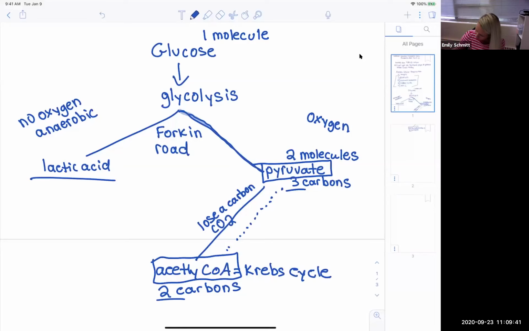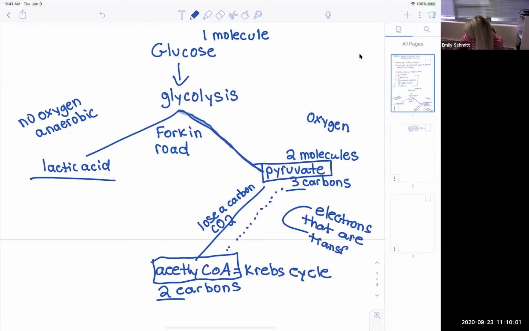So as we go from pyruvate to acetyl-CoA, we also have some electrons that are going to be transferred to NAD, to NADH to produce ATP.